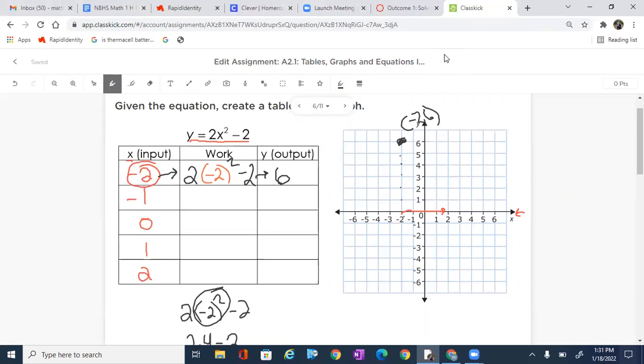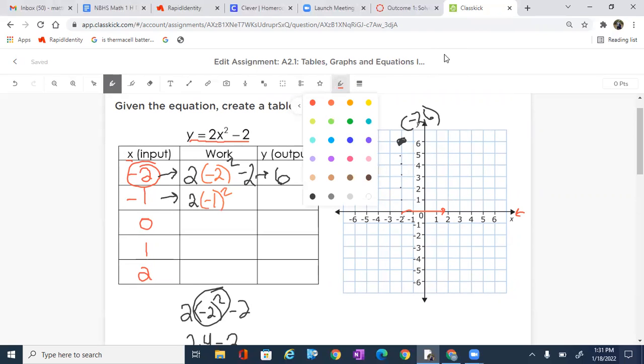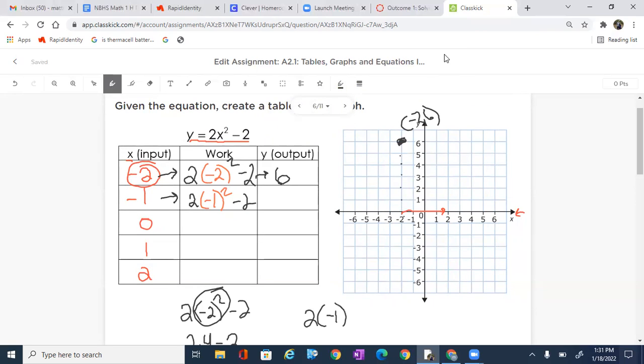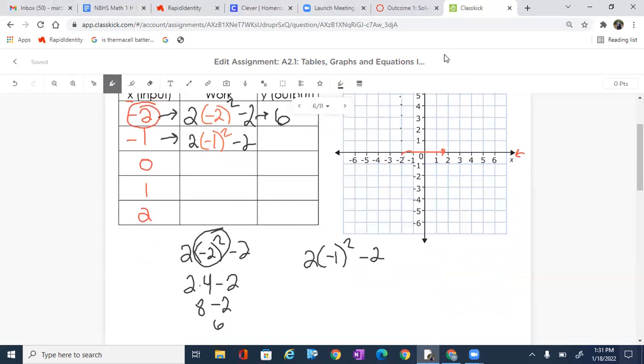Now I'm going to do the exact same thing with the next number. So I'm going to plug -1 into that equation. So it'll be 2 times (-1) squared minus 2. I'm going to come down here and do the work off to the side. Okay, and I'm going to do that -1 squared, which is 1.